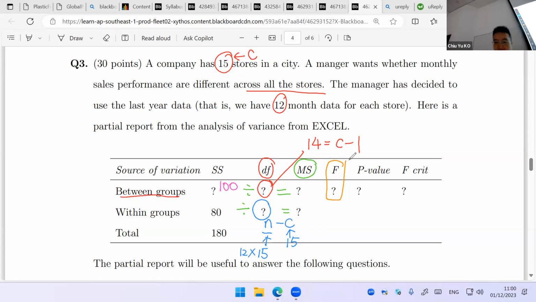So you divide this over this, and that gives you the F. Is that okay? There's nothing deep there. So we know how to fill in this.